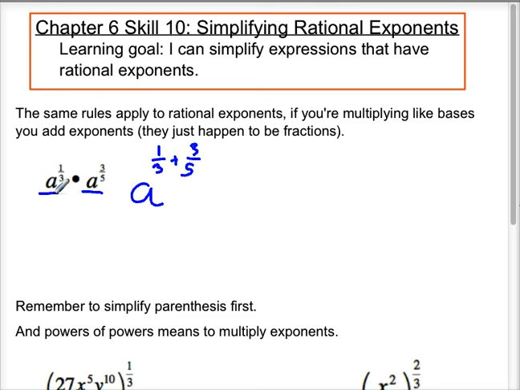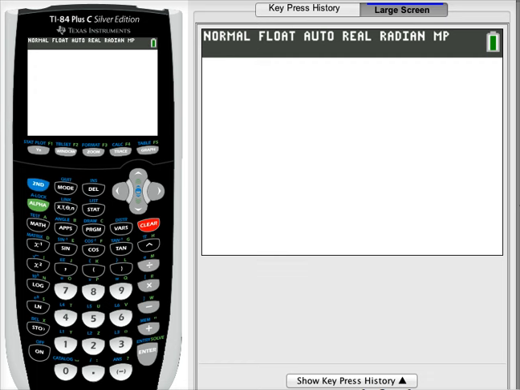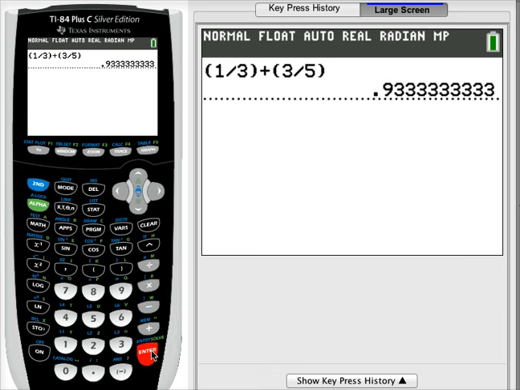So, on the calculator, the only thing is you want to be careful to use parentheses. So here, 1/3, and you want to add 3/5 to that. Well, that's kind of nasty. We don't really like that. But remember, there is a way to get the calculator to turn that into a fraction for us.